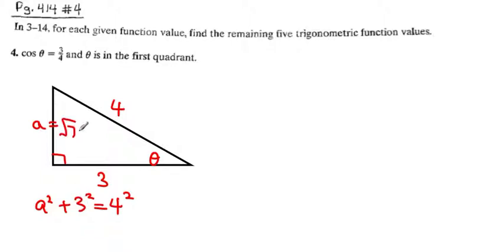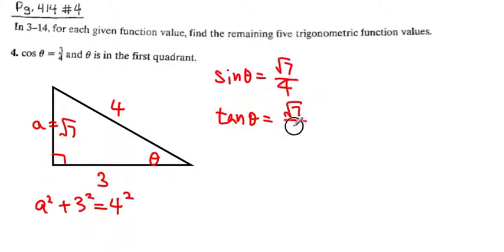Then we get to realize the value of A will be equal to square root of 7. Now, knowing that, sine theta is equal to square root of 7 over 4. Cosine we know, so tangent theta becomes opposite over adjacent, which is square root of 7 over 3. Now, the reciprocal of sine, cosecant theta, becomes 4 over square root of 7.